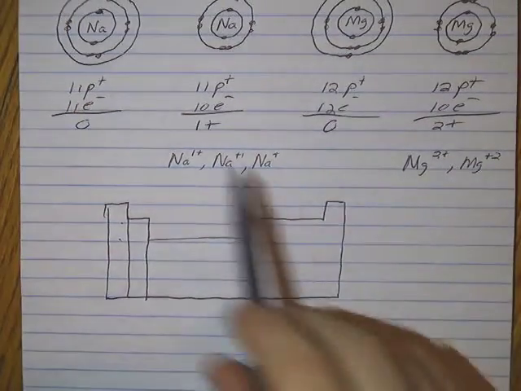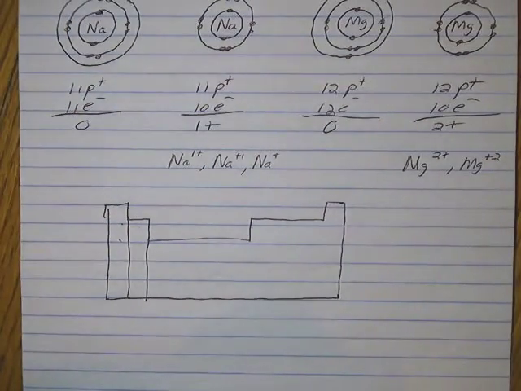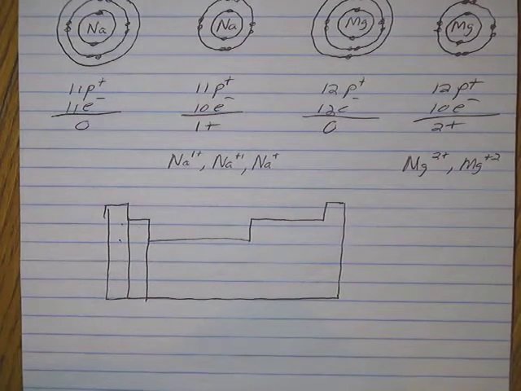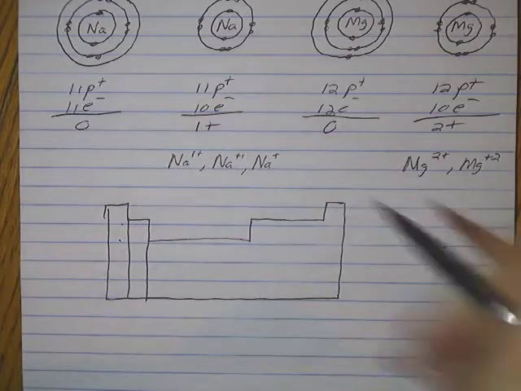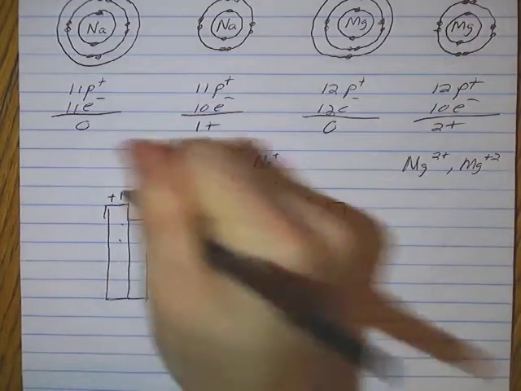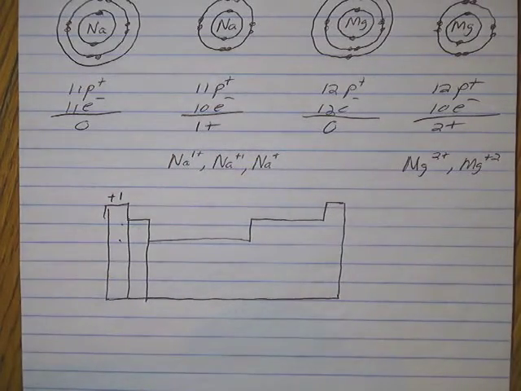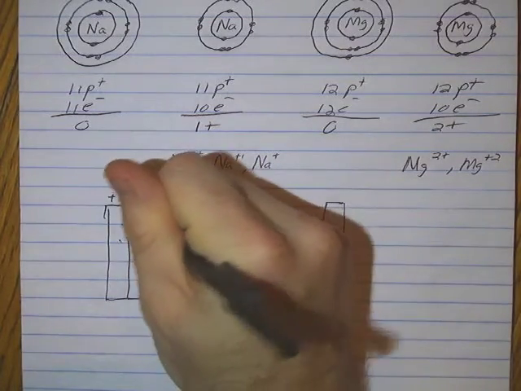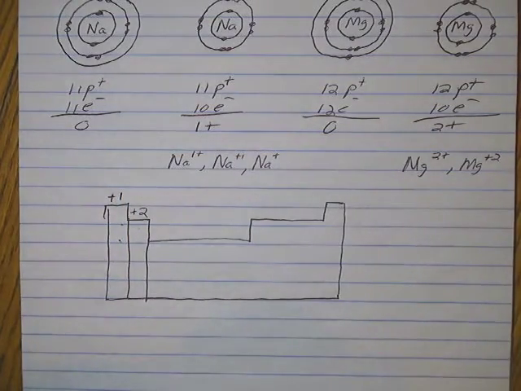So instead of having to do this every single time you want to figure out the charge on an ion, we could use the periodic table as a shortcut. All the elements generally in group 1 have a charge of +1. In group 2, all of those elements are going to be +2 when they're charged as ions. We'll fill in the rest of this table in a little bit.